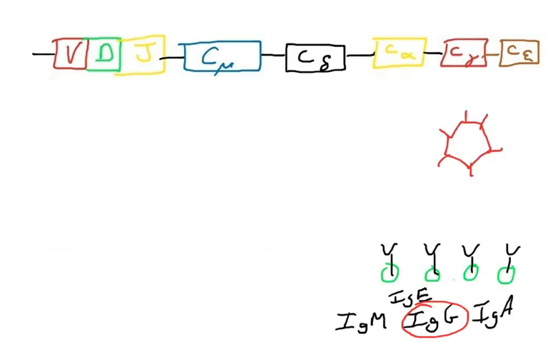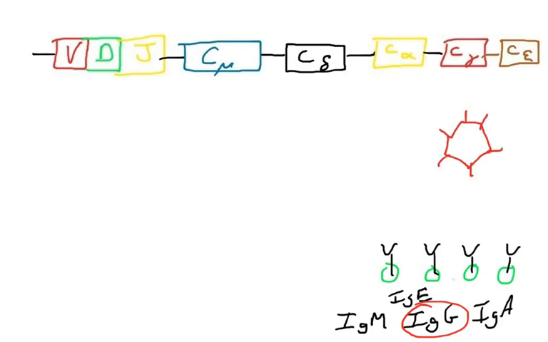All right. So let's say the B cell has become activated, and it has gotten a signal from cytokines that came from helper T cells, and the B cell is told, you know what, we really need IgG to help fight in this infection.